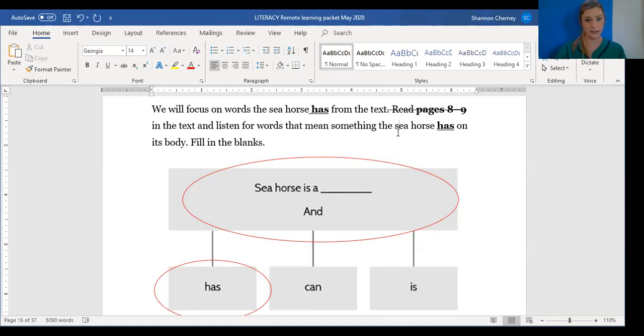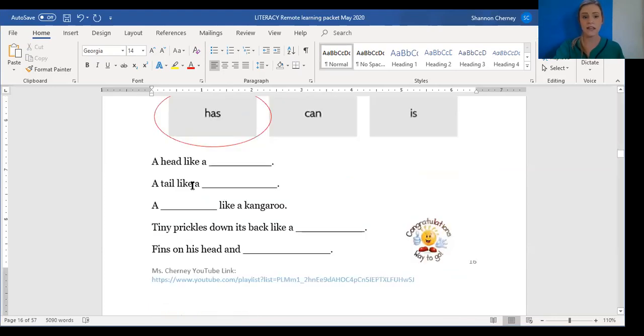Rewatch the video about seahorses and fill in the things that the seahorse has on their body. You are only going to be filling in these sentences for what the seahorse has. We're going to focus on what the seahorse can do and what the seahorse is later. I'll meet you back here when you're done.